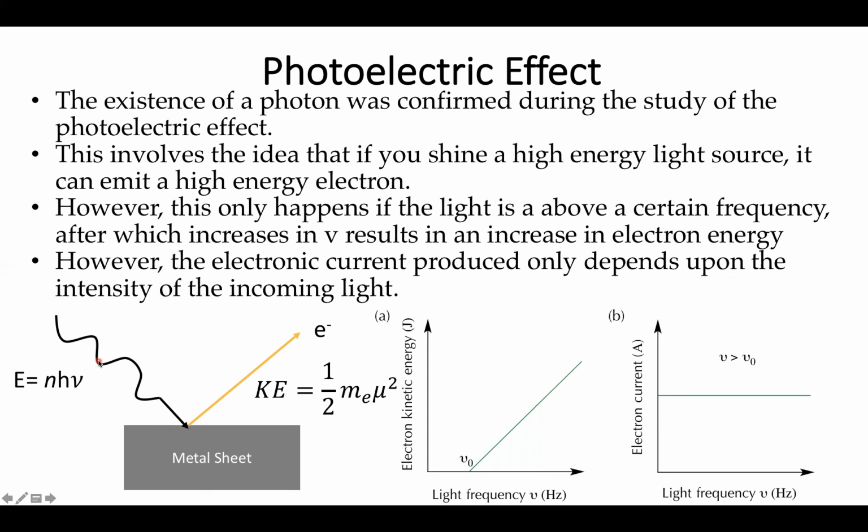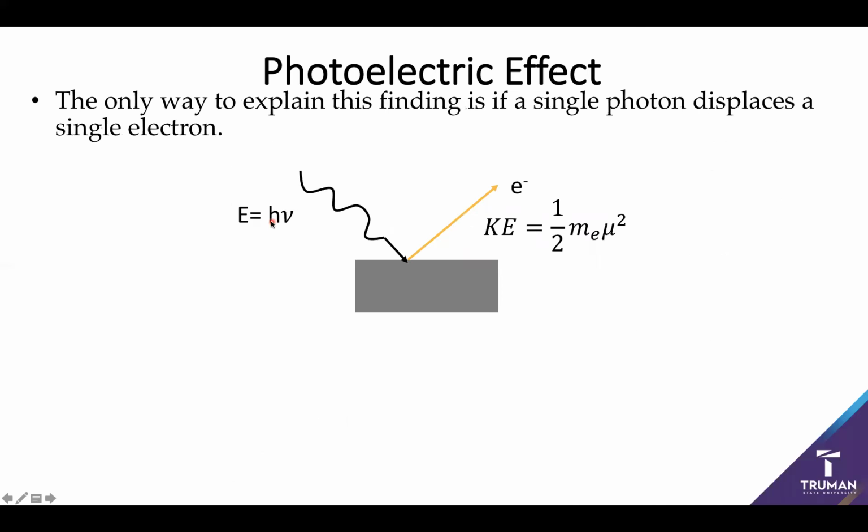And the only way this comes about is that if, just like we know the electron occurs as a discrete particle, it also has to occur that the photon is a discrete particle. So 1 photon in, 1 electron out. And then we can use the energy of that individual photon and that energy of that individual electron.